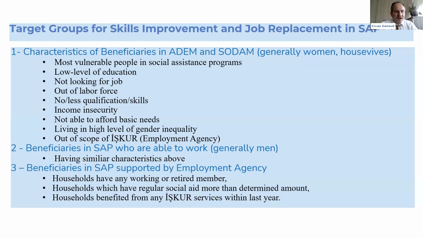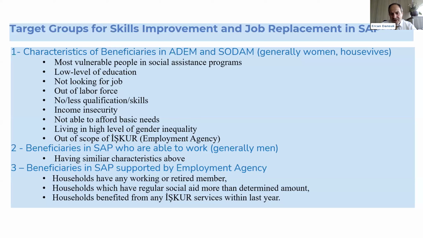In our system, there are three main target groups for job placement and skill improvement. One is especially housewives, as I said before.